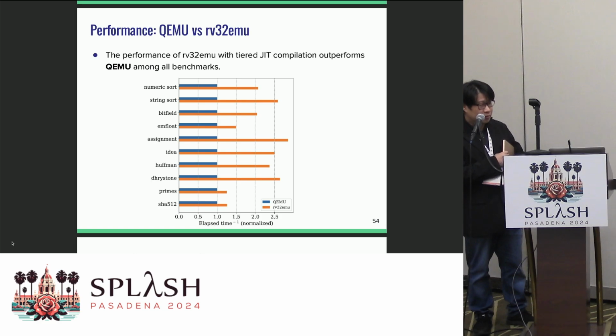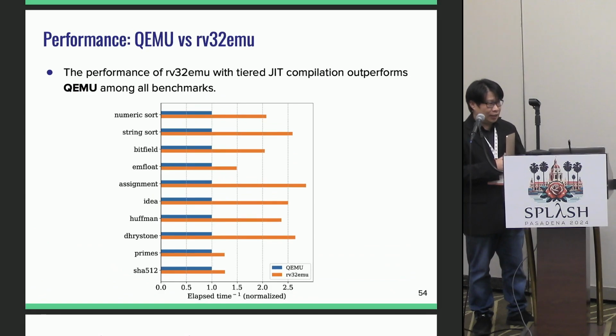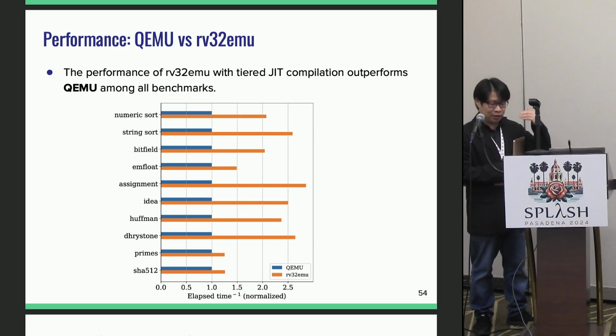However, the number was not so evident as we expected earlier, because we still have to nail down some potential improvements, such as more indirect jump improvements, as we mentioned earlier.